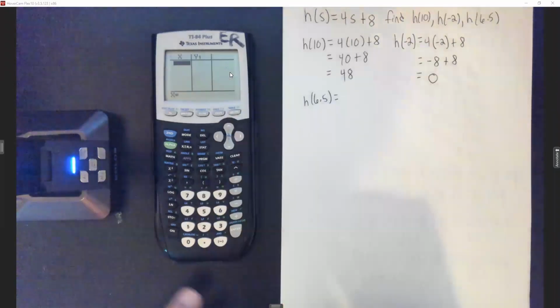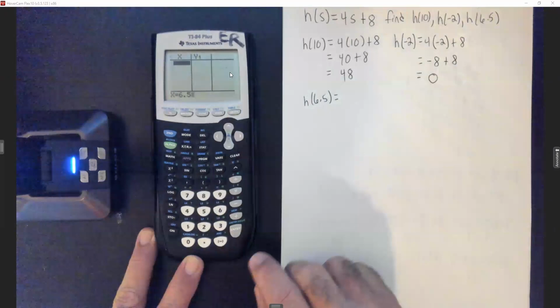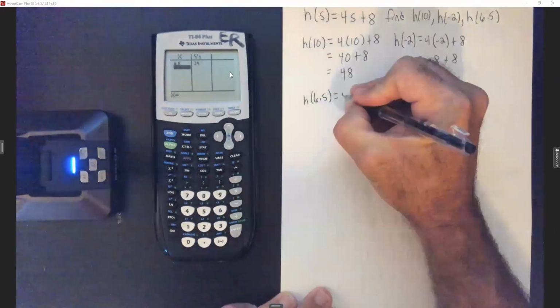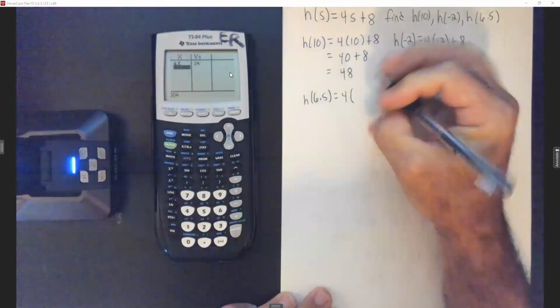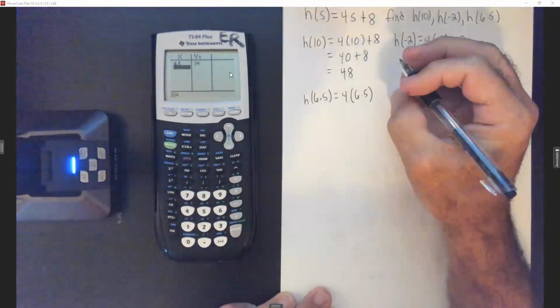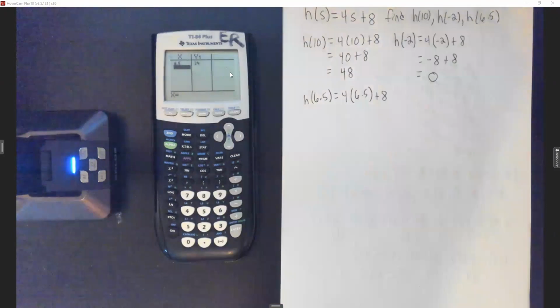So see down here, it's saying, hey, what X do you want? I want 6.5, enter. And what'd that give me for a y value? That looks like, what's that, 24? So we'll see if that's right. Oh, that might be 34. I can't tell. 34. Okay, that's 34. So let's see if we get that.